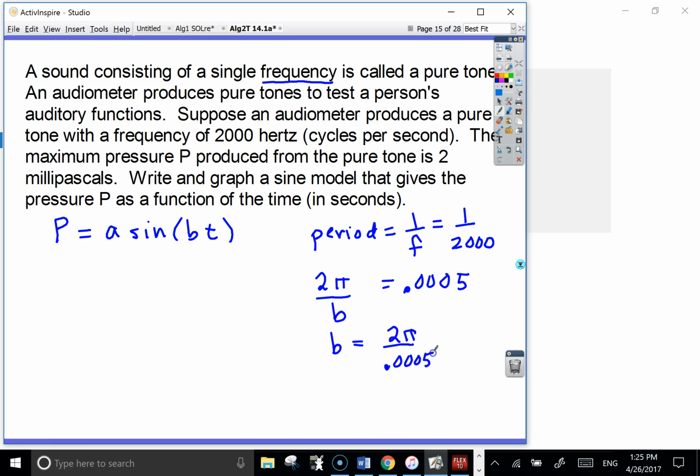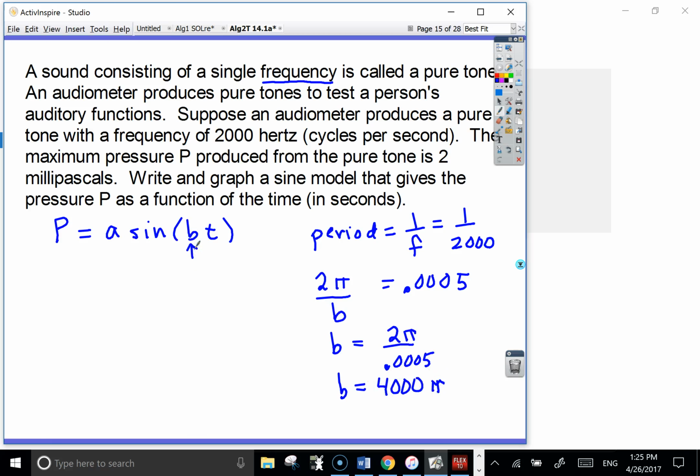I'm going to leave pi as part of the answer. What's 2 divided by 0.0005? 4,000. So B equals 4,000 pi. Okay, that tells us what we need to put there.